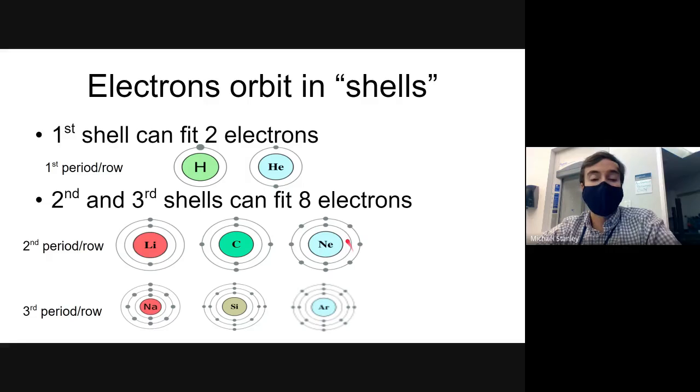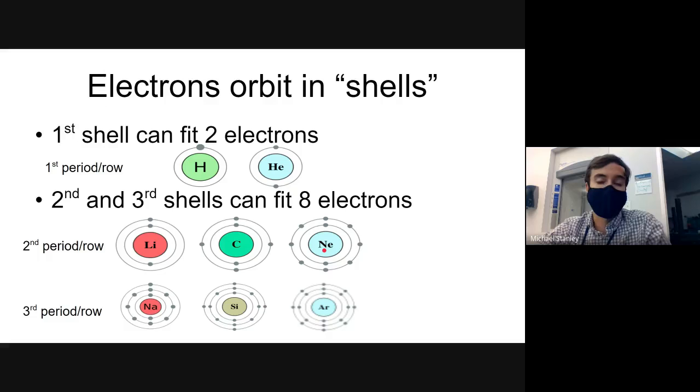So neon here is a pretty cool little atom because neon has a full first shell and a full second shell. Neon has an atomic number of 10, which, if you remember from Tuesday, means that neon has 10 protons, which means that neon also has 10 electrons.